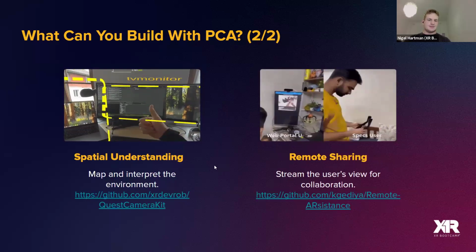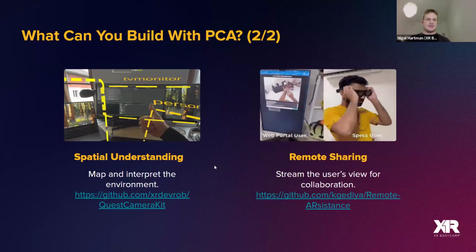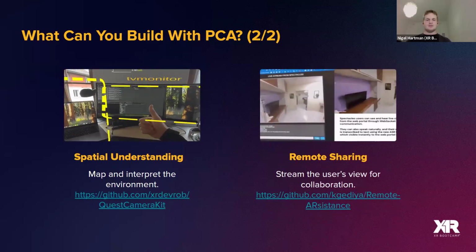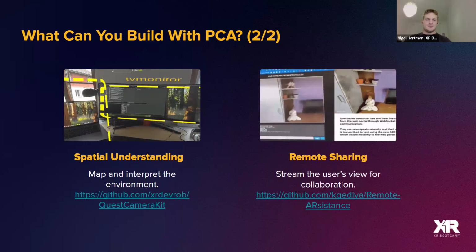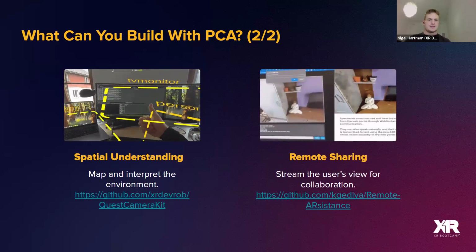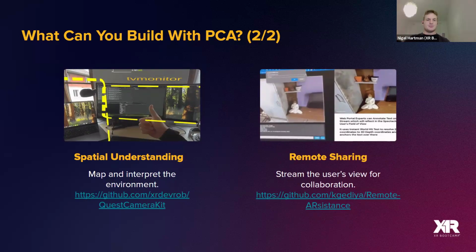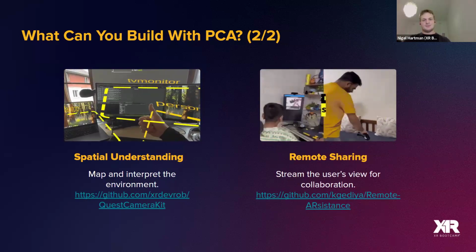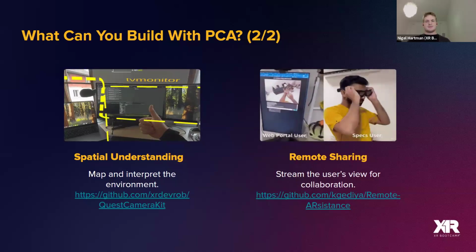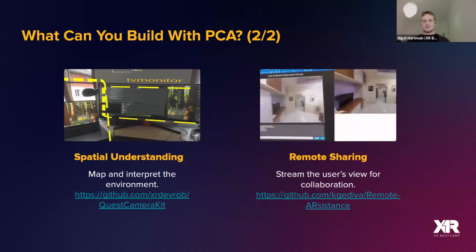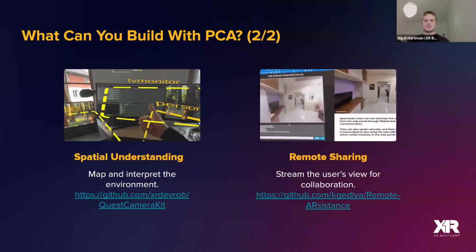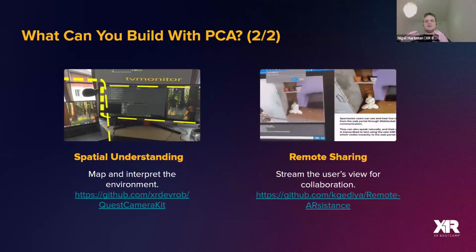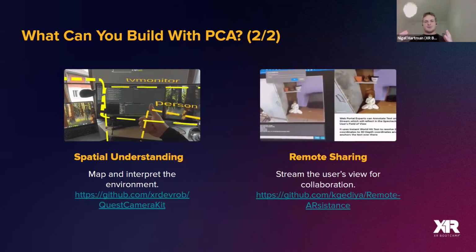You can understand your environment, spatial understanding. You can map objects around you, and based on that, you can maybe then ask questions or automatically place content or things like that. And another project or application which I find quite interesting is this remote sharing option here, because you can basically share the view you have with other people.